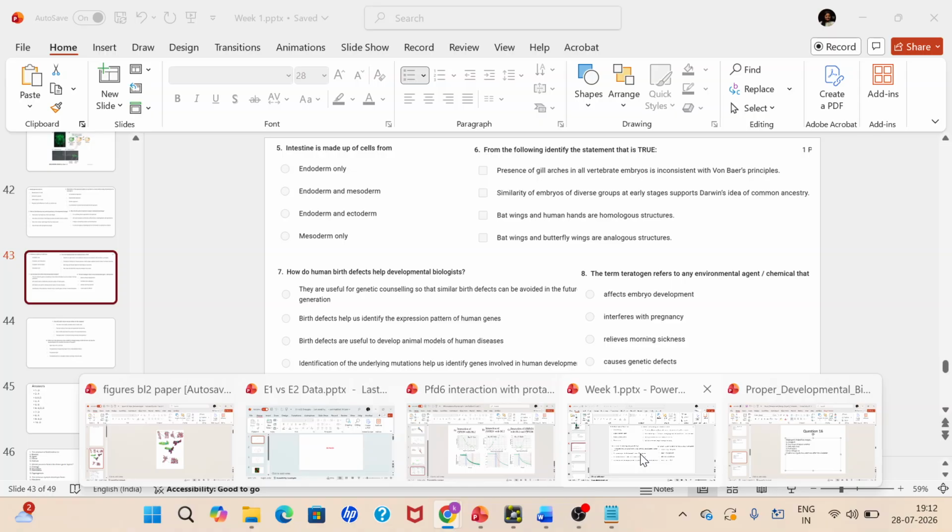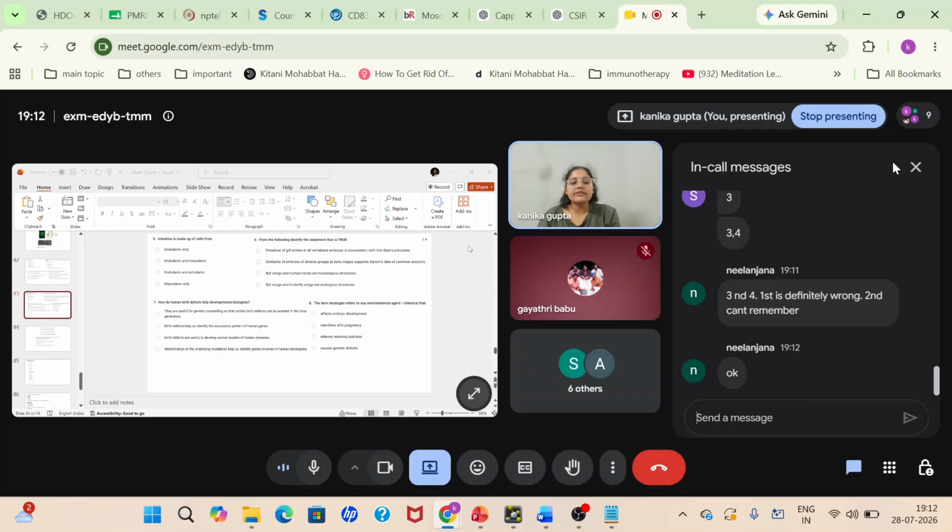How do human birth defects help developmental biologists? Question number 7, everyone.